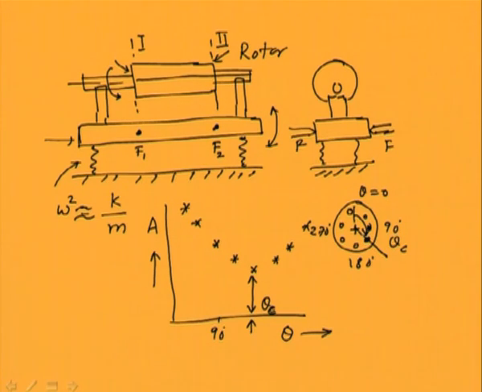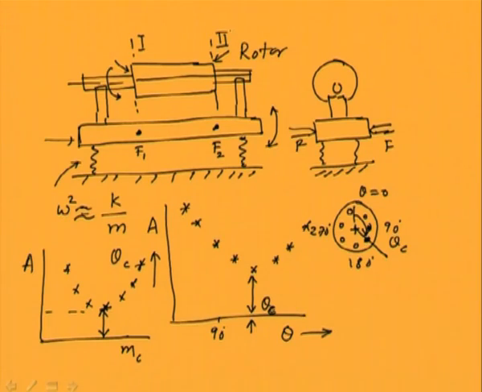Maybe in the next trial, we measure the amplitude after changing the correction mass, and we keep the correction mass all the time at theta C. Again we get some variation of the amplitude, and we see that at one location we get the minimum amplitude, and that is the actual correction mass required, because corresponding to that we are getting the lowest amplitude of vibration.